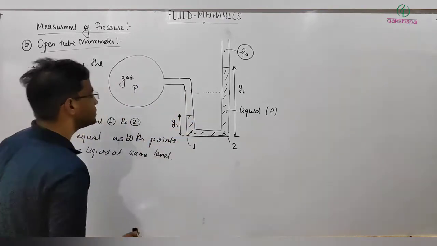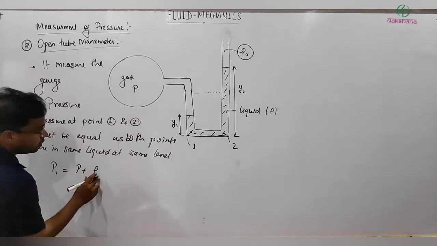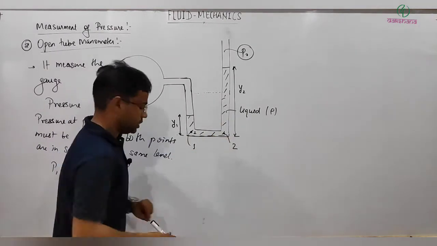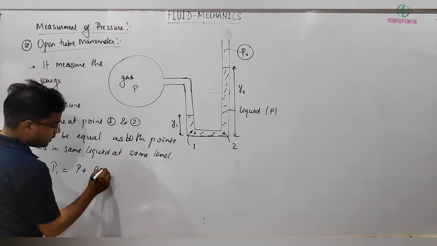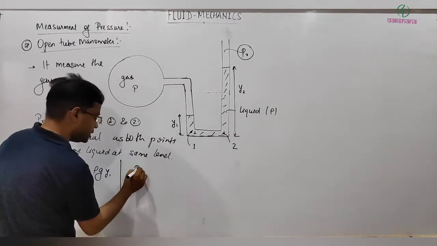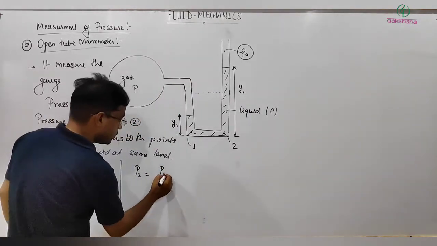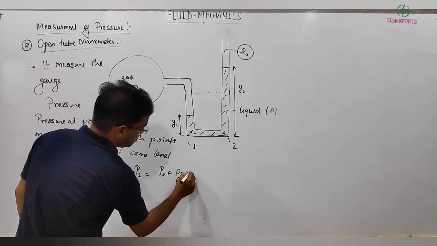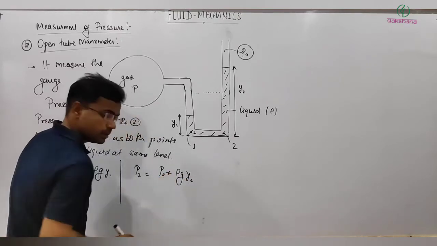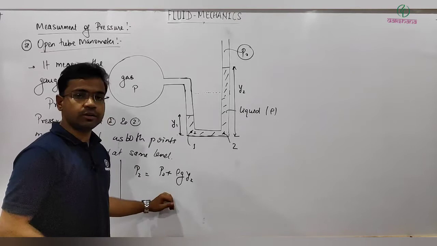So what is the pressure at 1? P1 is equal to P plus rho g y1, where rho is the density of this liquid. In exactly the same manner, the pressure at point 2 can be expressed as P naught plus rho g y2. y1 and y2 we can easily measure, and the density of the liquid we already know.